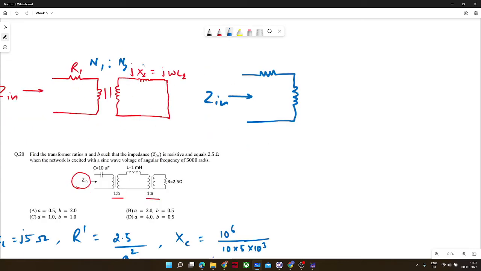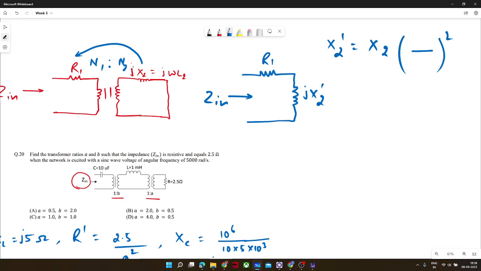We have to transfer this reactance to the primary side. How will we do that? Let's say R1 is at the primary side, there is no issue with R1, but X2 could be converted to the primary side with some other notation, let's say X2 dash, and X2 dash would be X2 into some turns ratio squared. Which one?